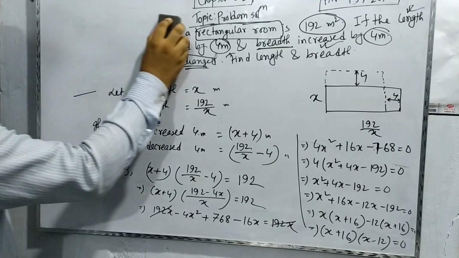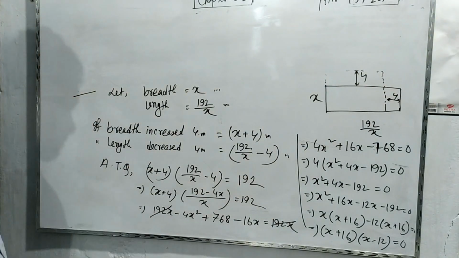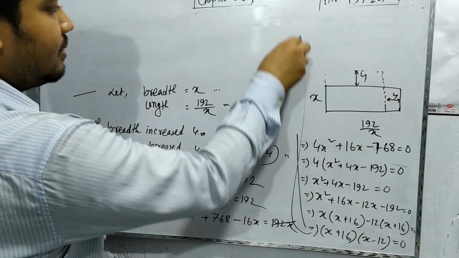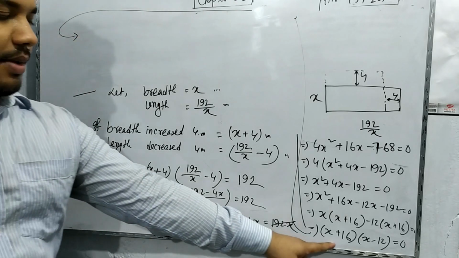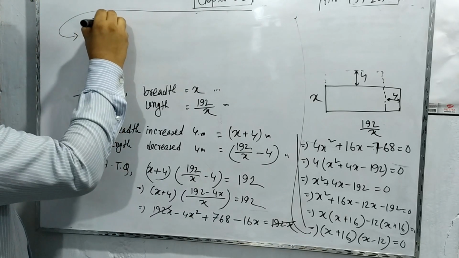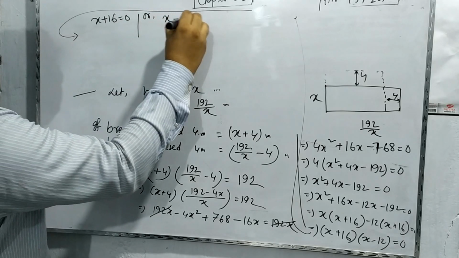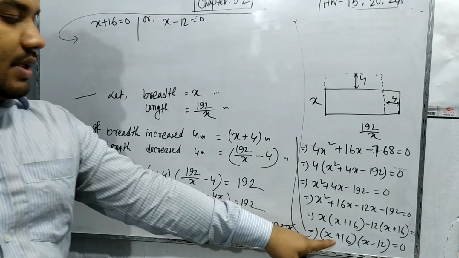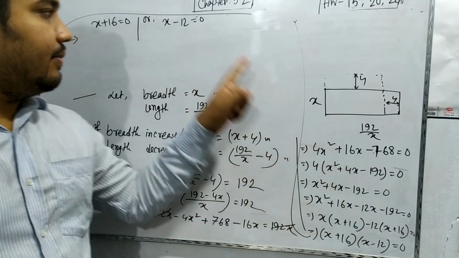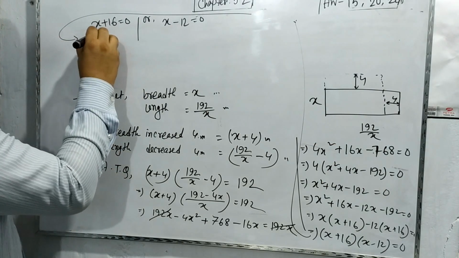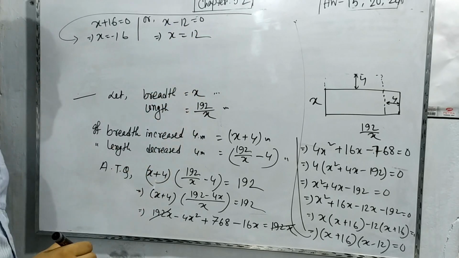Here I wanted to erase the question part, then solve from here: x plus 16 equals 0 or x minus 12 equals 0. From here we get x equals minus 16 and x equals 12.